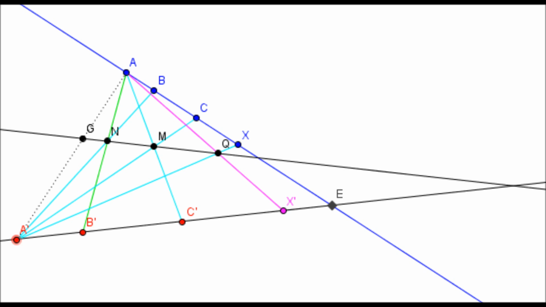Now, the way that we constructed this kind of projection was essentially to do two perspectives.